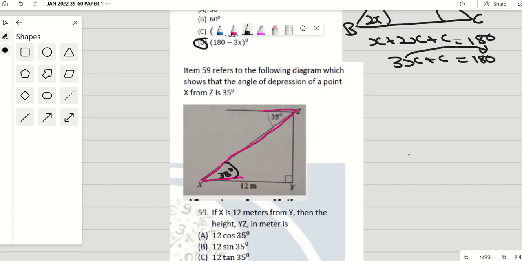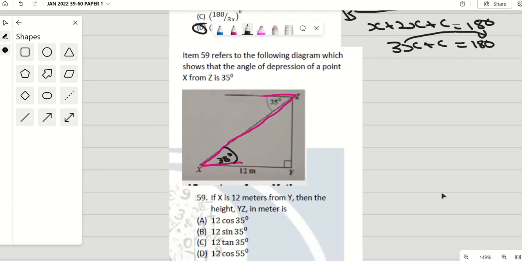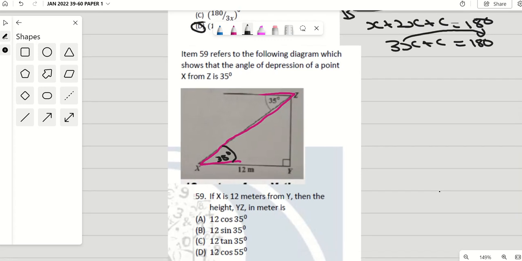Then they ask you, if x is 12 meters from y, so XY is 12 meters, then the height of YZ in meters is.